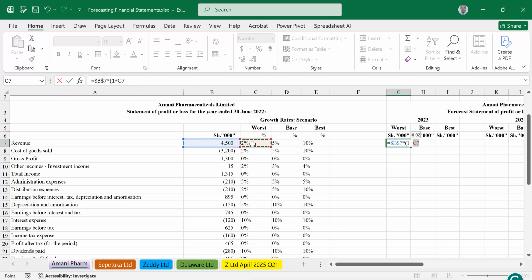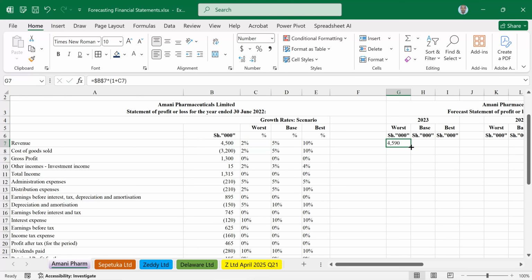Then don't lock the 2% because we have worst, best, and best. So click on that and don't lock. Close bracket. So you see, we clicked on the 4,500, we locked it, times, then 1 plus, click on the rate. Don't lock because we have other rates. Enter and drag this across.